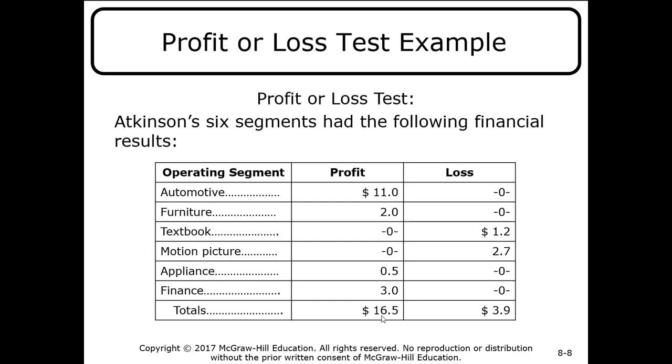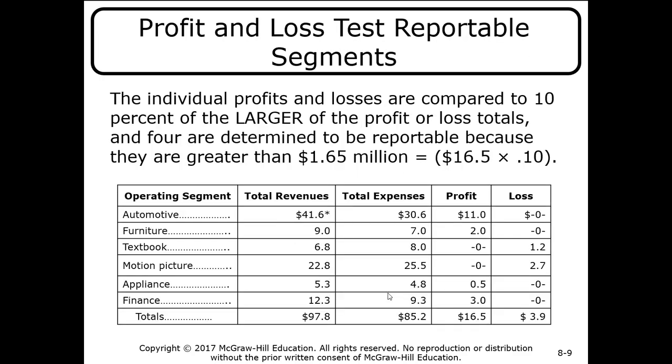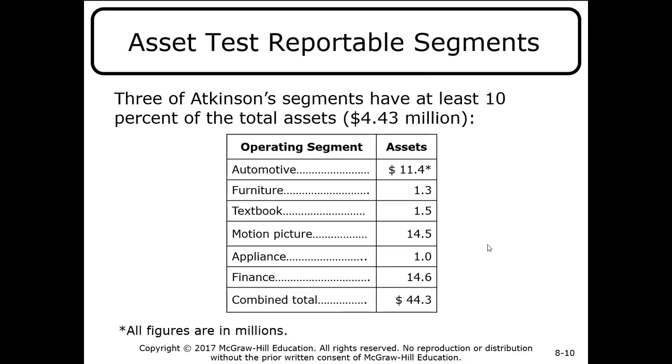So 1.7 is going to be the threshold. Once again, automotive qualifies, furniture now qualifies, and it's the absolute value. So textbooks do not, because it's not above 1.7 in the loss. However, motion picture does. And then lastly, finance. Well, that's the profit and loss once again.